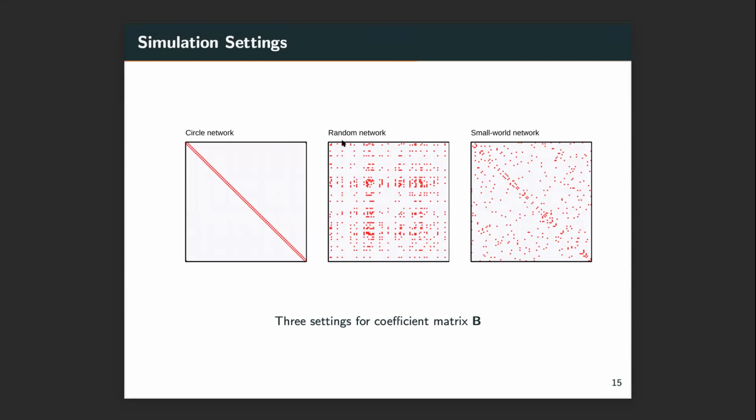We say that a node has 50% chance of being within the network, and then edges have a conditional probability of 50% of being included, conditional on their associated node being included. And then finally, we look at a small world network, just a few examples of network coefficients. And we're going to set, obviously, the values all here equal to 1.